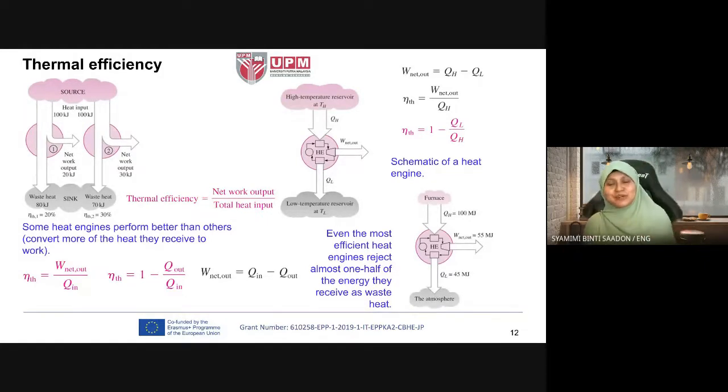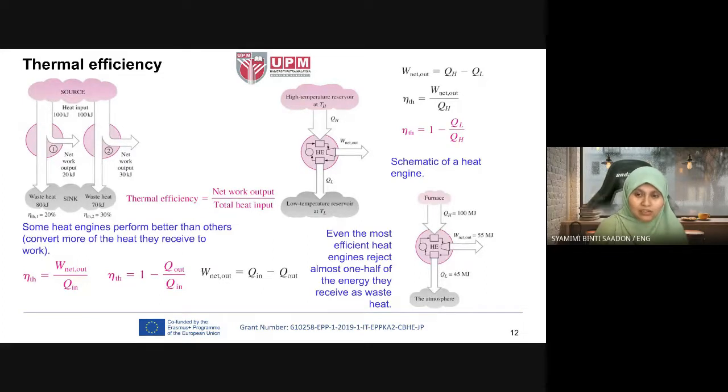This question is actually what researchers are trying to do. What I explained here today in this slide is the basic theoretical part, the basic cycle. We keep doing research on how to minimize this waste heat.